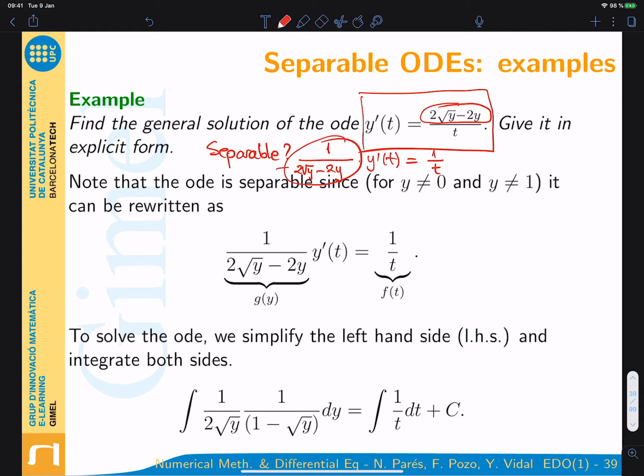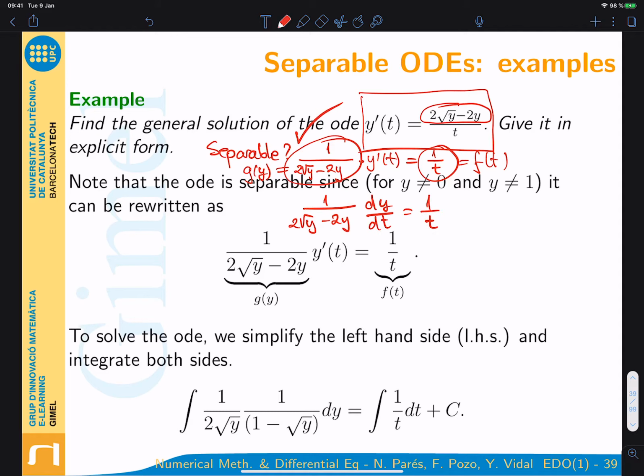This term only depends on y, it's g(y), which is multiplying y prime of t, and everything in the right-hand side only depends on f(t), on the independent variable t. So yes, it is a separable ODE, and we can solve it using this trick, which is to rewrite it. I like to rewrite it using Leibniz notation, okay?